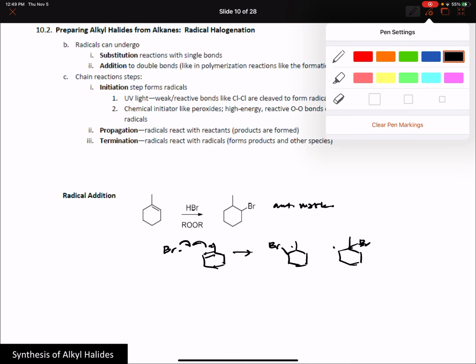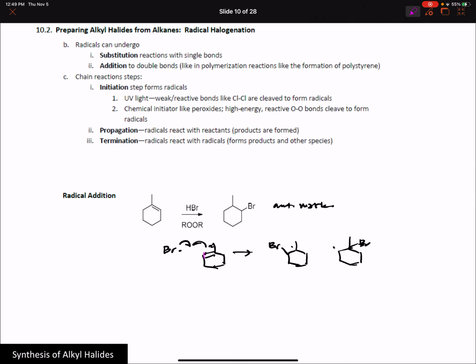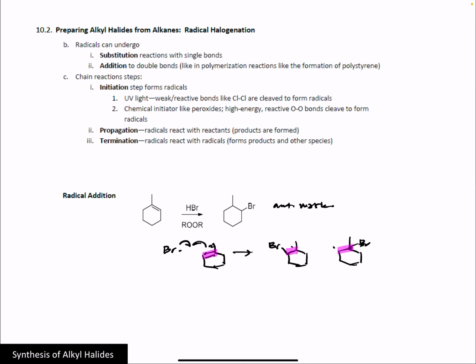And that would be a secondary radical, less stable. So this is where we're going, right? 2 choices, and because bromine adds first and you get the radical intermediate, right, you want to have the more stable radical intermediate, and that's why we get the anti-Markovnikov alkyl halide.